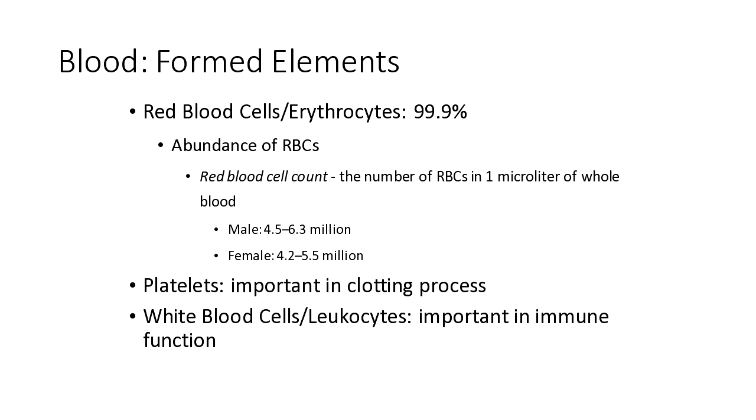Testosterone tends to push red blood cell counts higher in males than in females. So a droplet of blood for a male is going to have a higher number of red blood cells. So 4.5 to 6.3 million red blood cells are suspended, typically in a male, in a microliter of whole blood. All right, and a microliter is a very small amount.